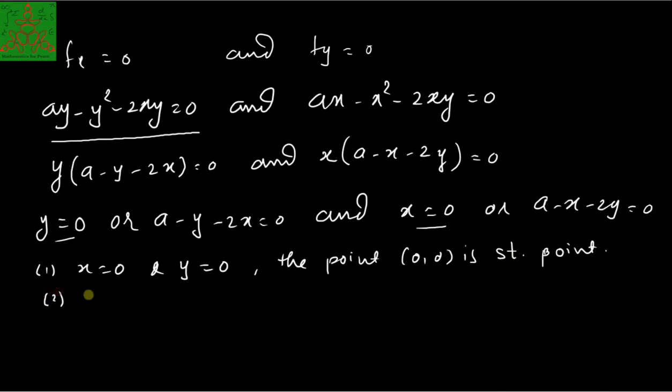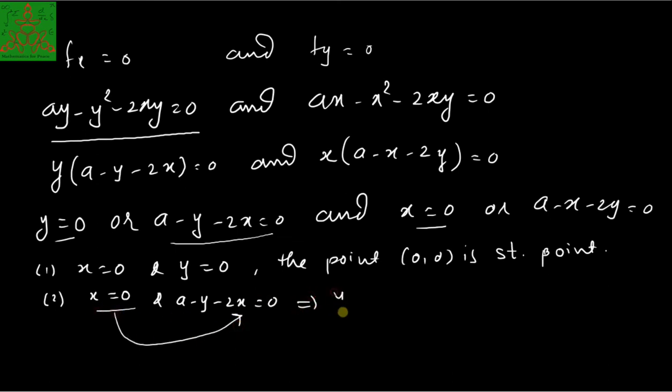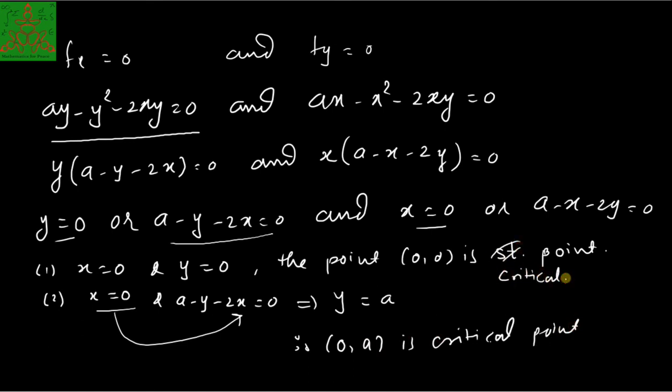The second is x = 0 and a - y - 2x = 0. If you solve by putting the value of x here, you will have y = a. So therefore (0, a) is a critical point.